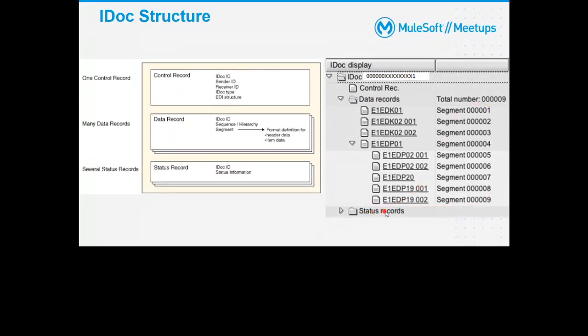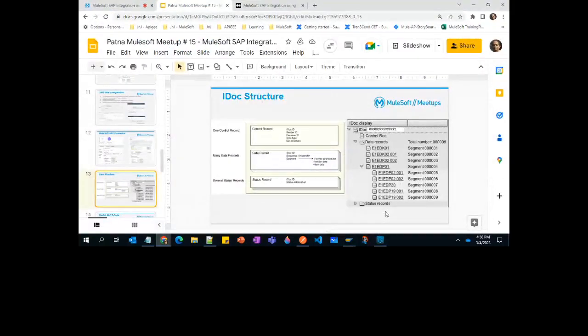And then there is a status also. When an IDOC is created, it runs through various statuses like 42, then when it's generated it is 30, and when it is sent to the external system, it becomes 03.